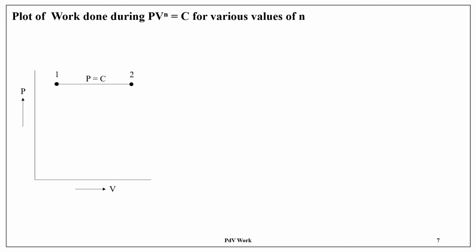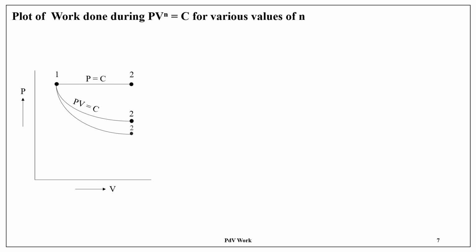The same system can be taken to another state 2 using a different process, and during this process PV equal to constant.